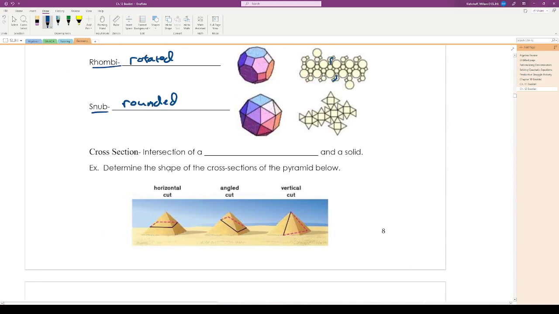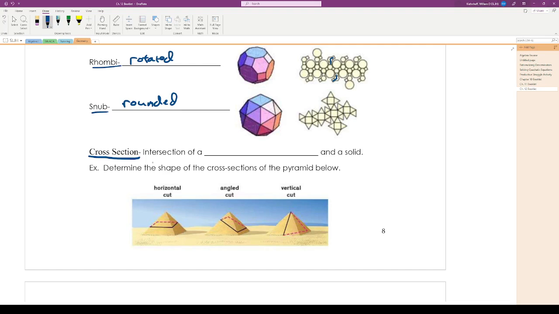All right, so the last thing we have here on this page is cross-section. Cross-section is a really important concept that you'll see going forward in math, and especially if you do anything with engineering or design, cross-section is super important. The idea of taking a slice through something and looking at what's going on inside as you slice it. So if we took this square pyramid and we made different cuts through it, we're going to get different shapes.